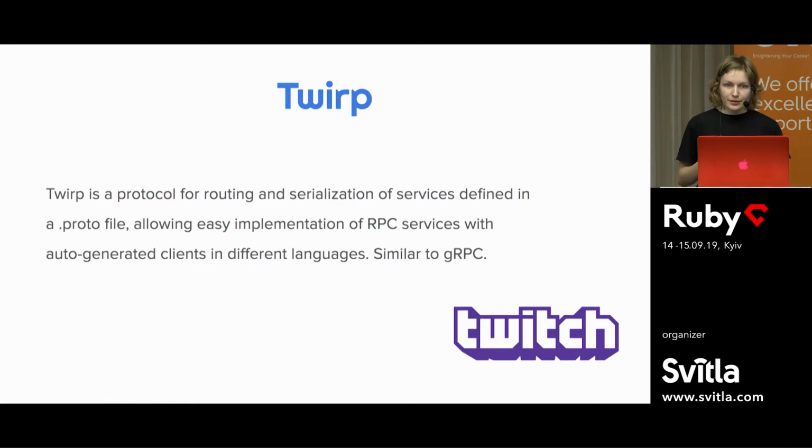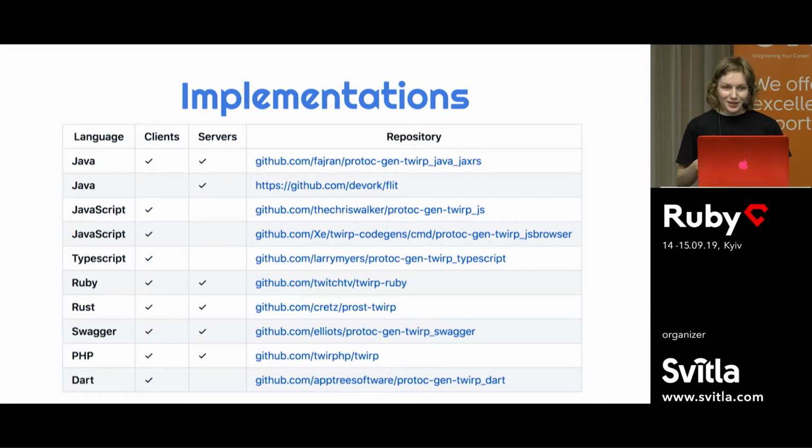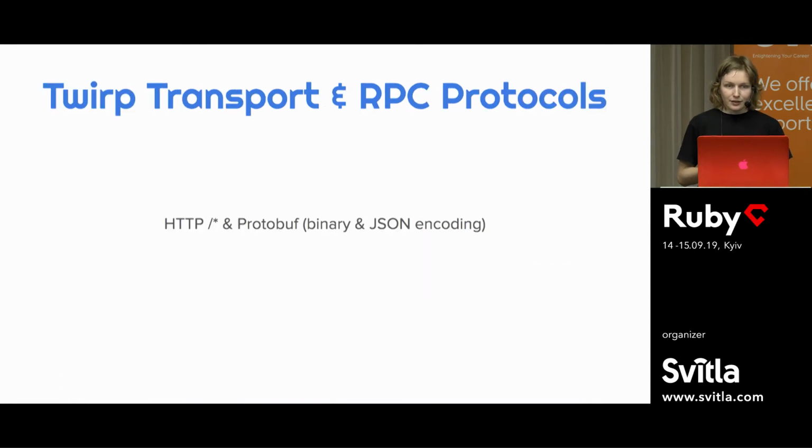And the next one is Twirp, which we will compare. It's based on gRPC, so the idea is pretty much the same. It also uses Protobuf, and yeah, it's super similar to gRPC. Implementations are next. It supports Ruby. Twirp framework doesn't provide a lot of encoding and transport options, so it's basically only HTTP and Protobuf.